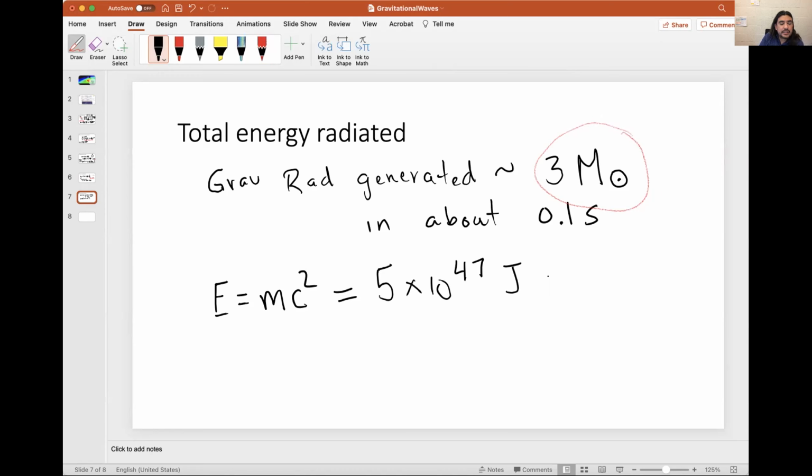So this energy was all radiated in about 0.1 second. This is from the black hole.